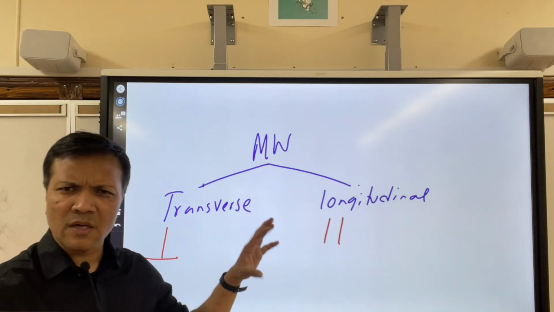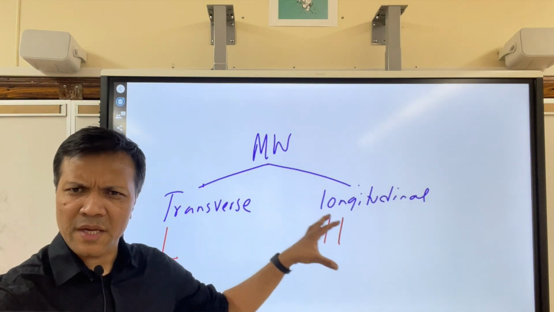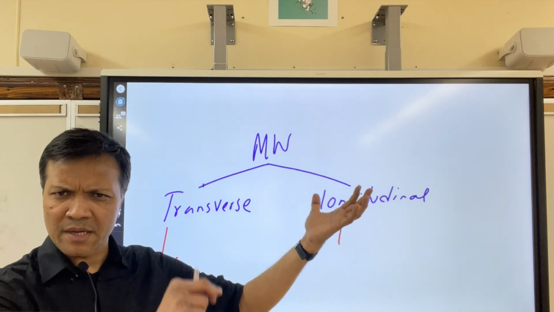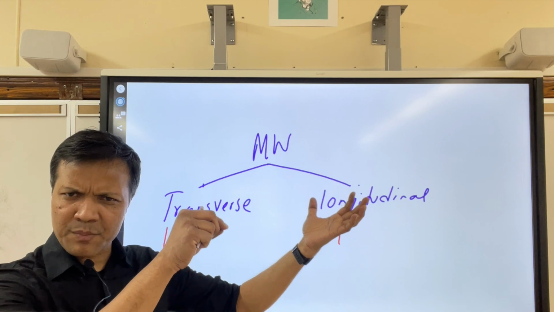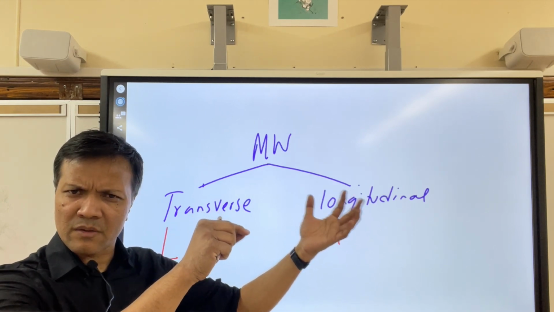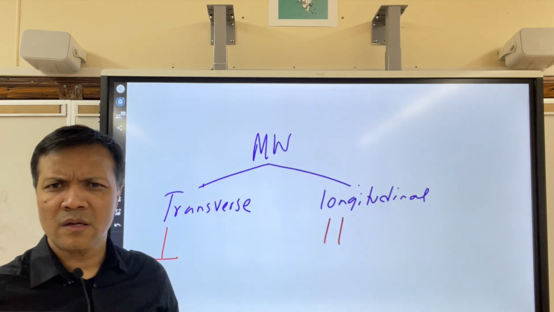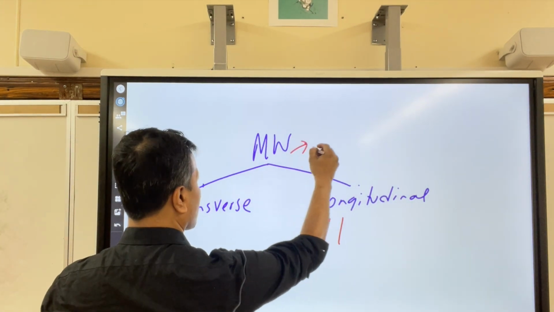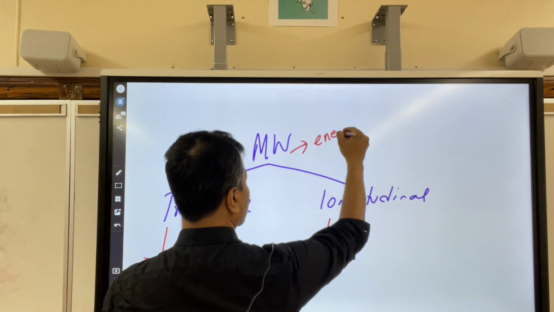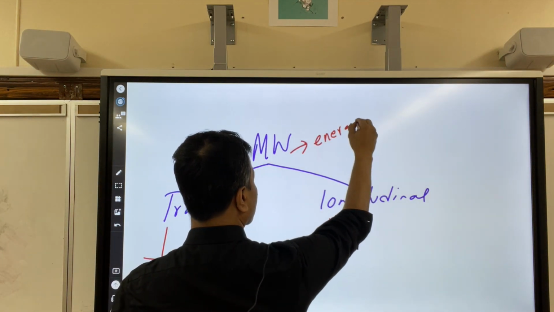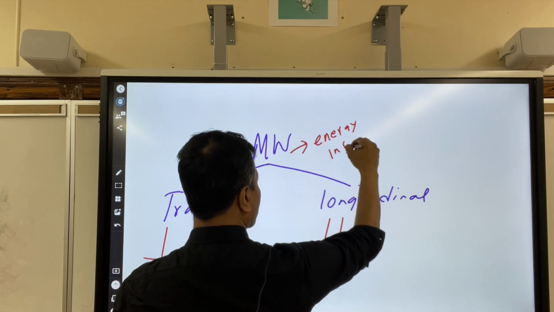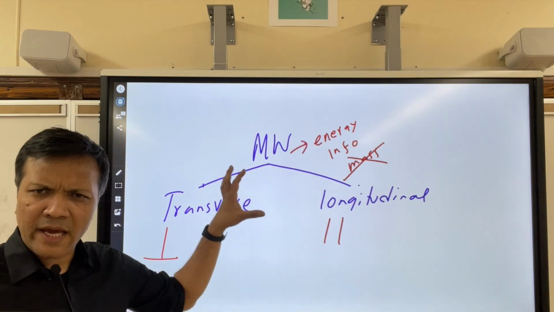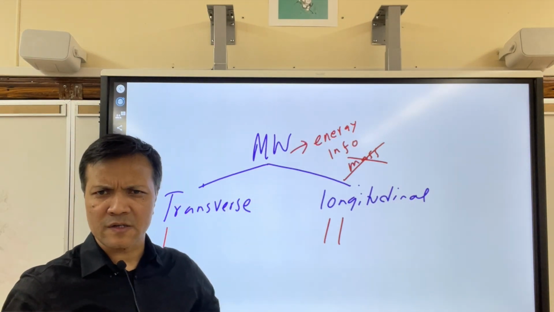The longitudinal wave causes the medium to move. A medium can be a slinky, a medium made of particles, and the particles oscillate parallel with the direction of the wave. Can a wave carry energy, information, and mass? Absolutely not. A wave can only carry energy and information, but not mass.